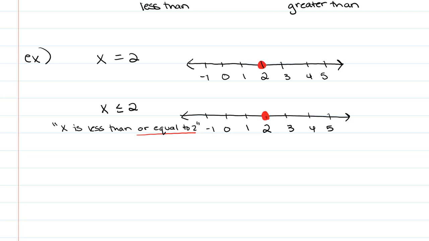So I'm shading in 2 because x can be 2. What we're shading is all the possible values of x. In this case, x can also be less than 2. So we're going to shade the numbers that are less than 2. We know 1 is less than 2, so I started shading to the left. All of the numbers to the left of 2 on the number line are less than 2, so I want to make sure I go all the way over to the arrow.